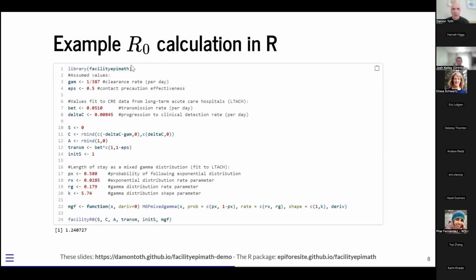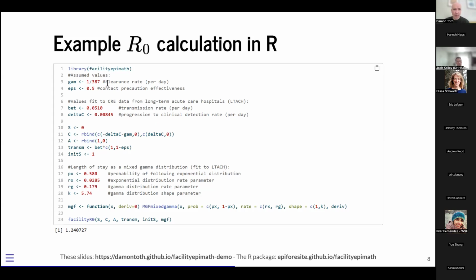So here's how it would look in R using the package. And these values that I'm using here for those parameters are taken from a study that we modeled that was looking at transmission of CRE, which is carbapenem-resistant Enterobacteriaceae, which is a multi-drug resistant organism, in LTAC, which is a long-term acute care hospital.